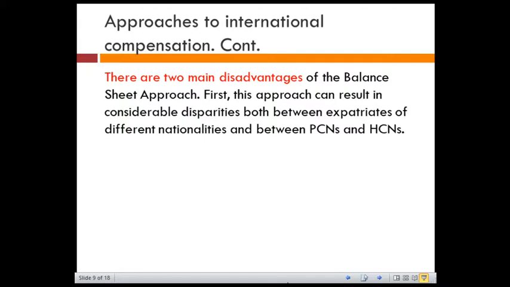The second disadvantage: the approach can pose problems upon repatriation when the employee's salary reverts to the home country level that is below that of the host country. So let's move forward.